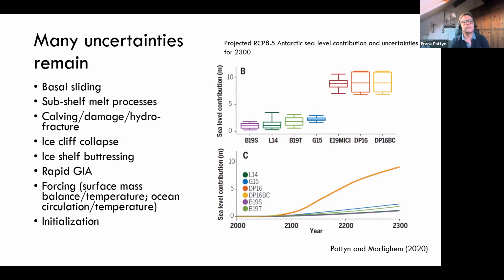In such an intercomparison, in the first place, you want to have a sufficiently wide community and you don't want to make everyone angry. So what is a realistic representation of ice dynamics?